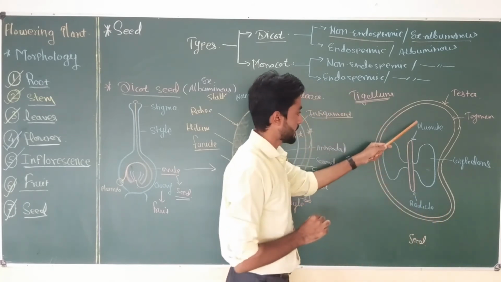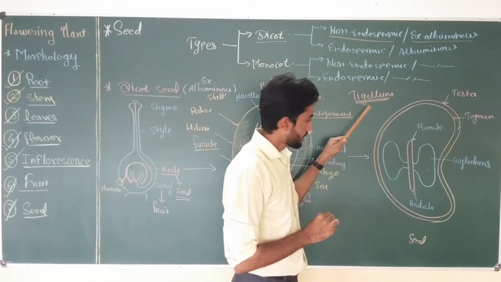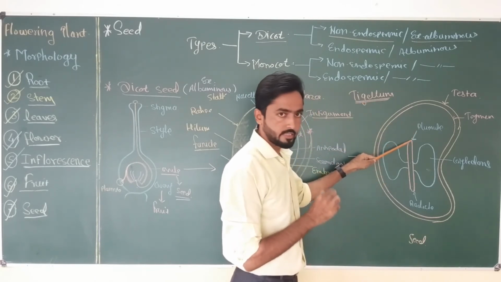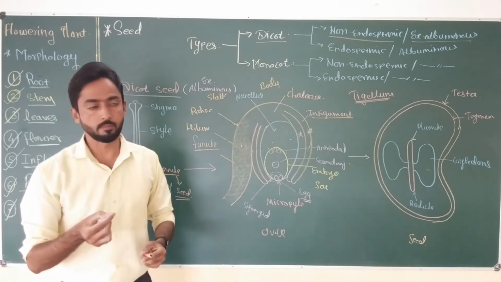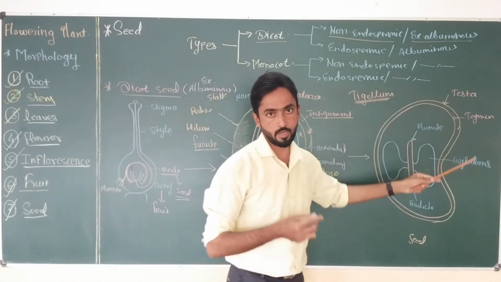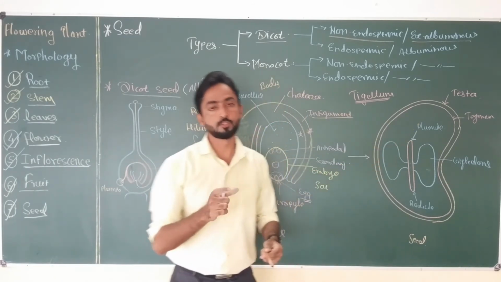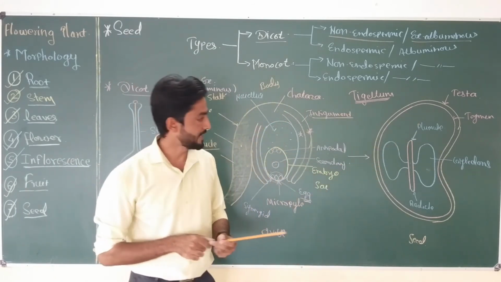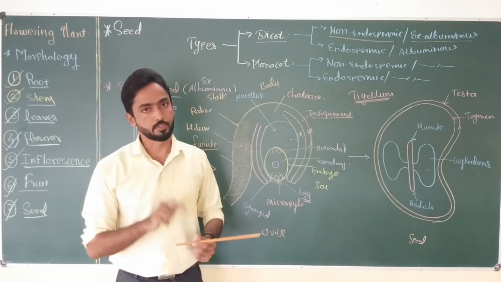So these two are the important points present in the embryonal axis or tigellum. The plumule is the part which is going to give rise to the shoot system after germination of the seed. When the seed germinates, the plumule will produce the shoot system or stem. Then the radicle will produce the root system after germination.